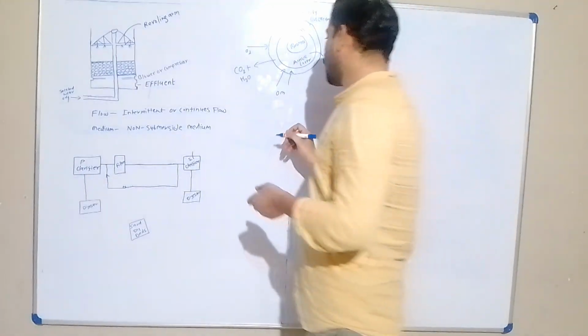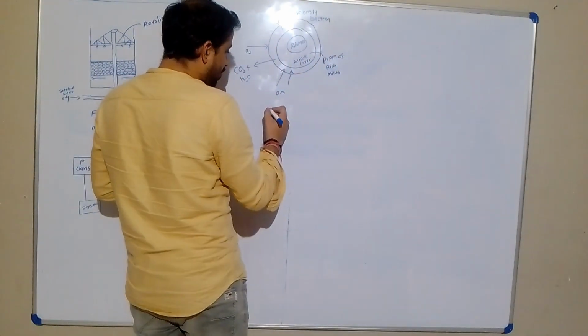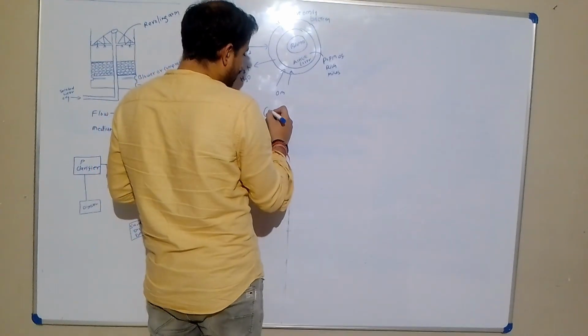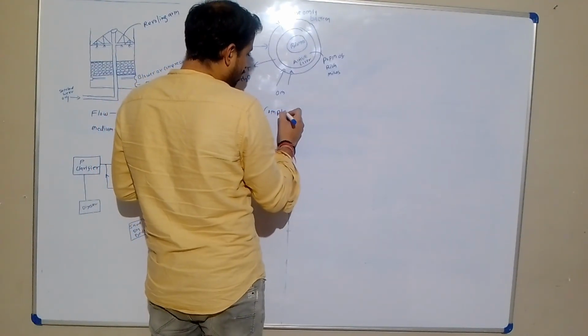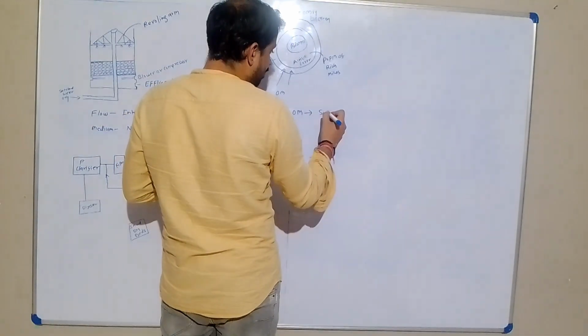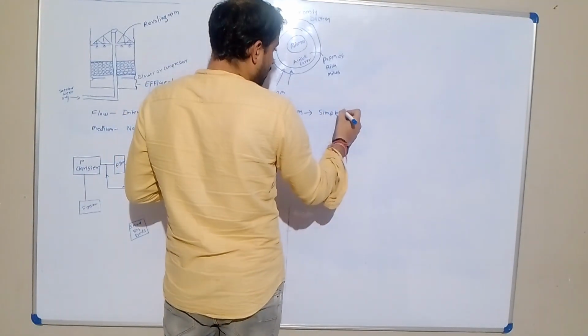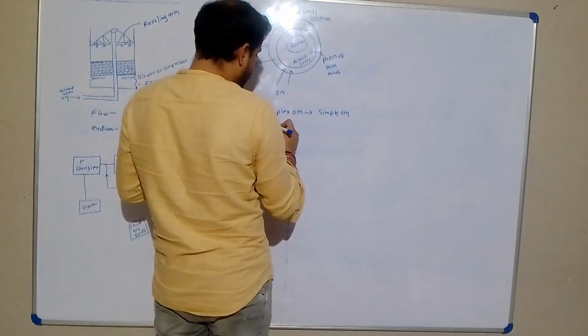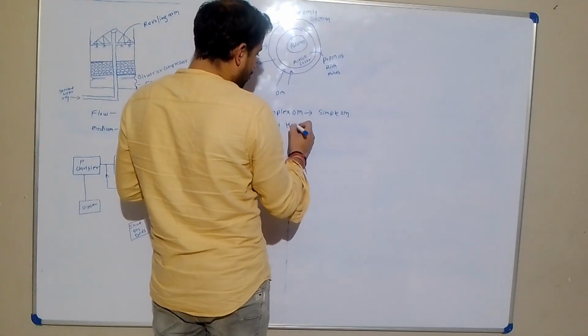There are two types of organic matter which generally come to the biomass layer in wastewater. One is the complex organic matter, which is converted into simple organic matter by the heterotrophic bacteria.